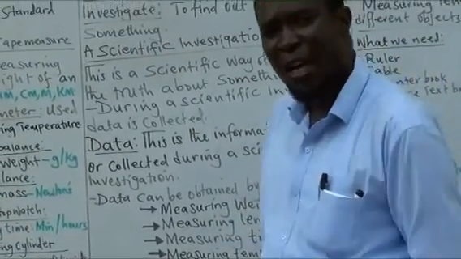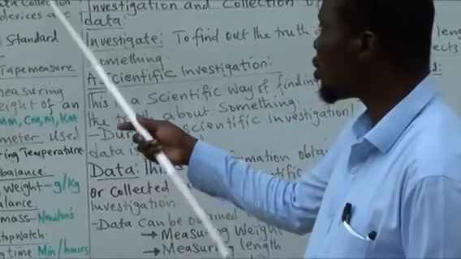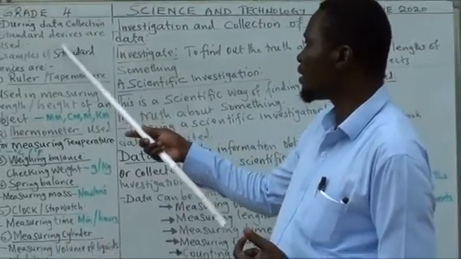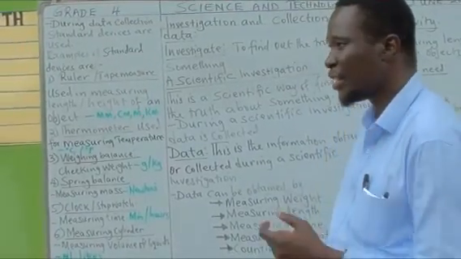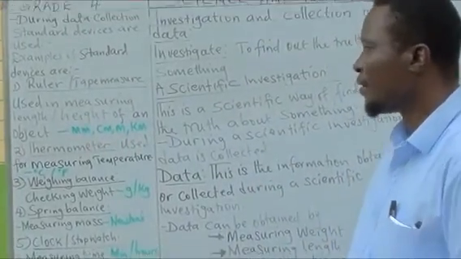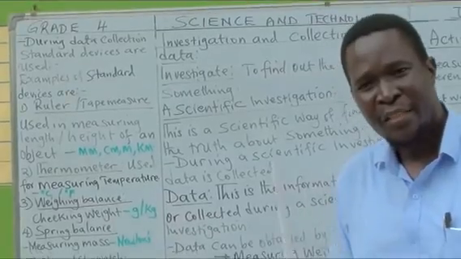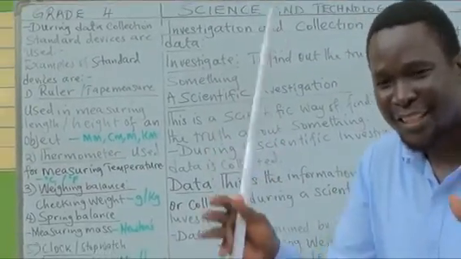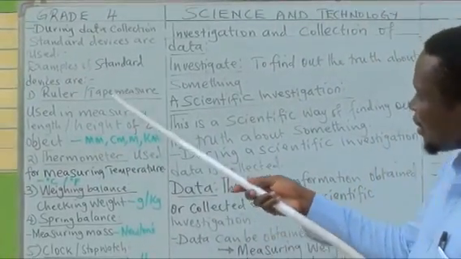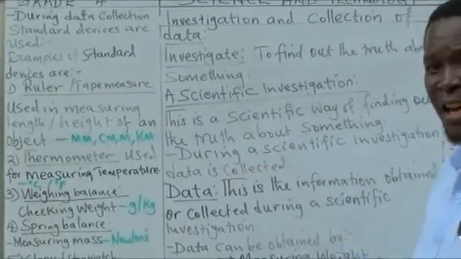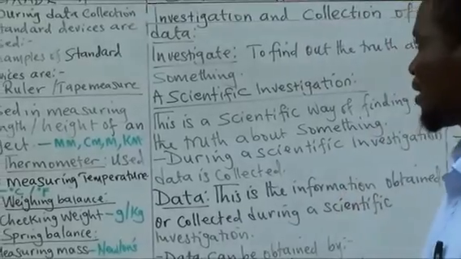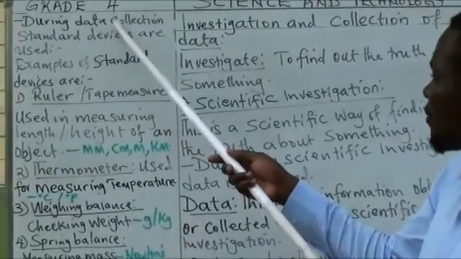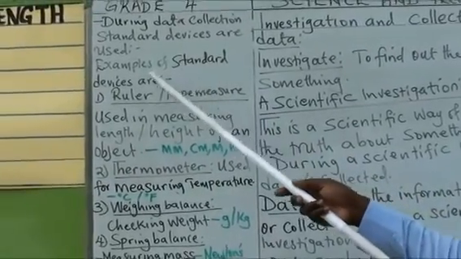During the collection of data, standard devices are used, as in grade 3. These are devices used for measurement that give accurate results. So during this time of collection of data, we use standard devices.